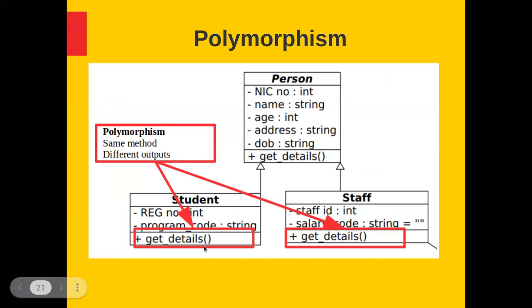This getDetails gets the registration number and the program code. Here getDetails takes the staff ID and salary code. Here getDetails means date of birth, address, details. So polymorphism means the same method can be used in different classes. That is called polymorphism.